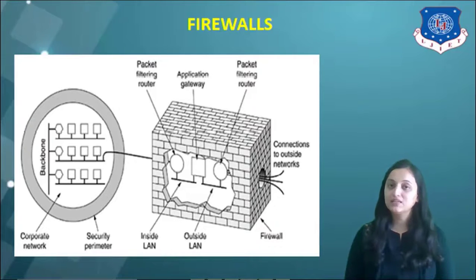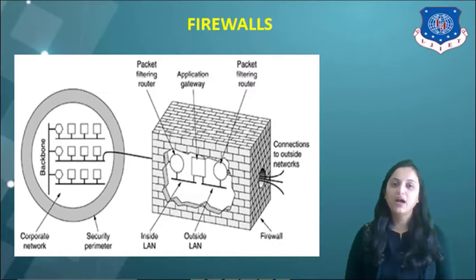Blocking outgoing packets is a bit trickier because although most sites stick to the standard port numbering conventions, they are not forced to do so. Furthermore, for some important services such as FTP, that means File Transfer Protocol, port numbers are assigned dynamically. In addition, although blocking TCP connections is difficult, blocking UDP packets is even harder because so little is known in advance about what they will do.